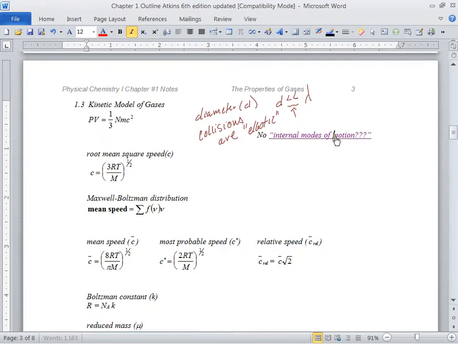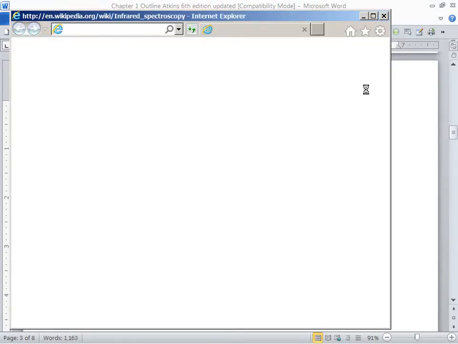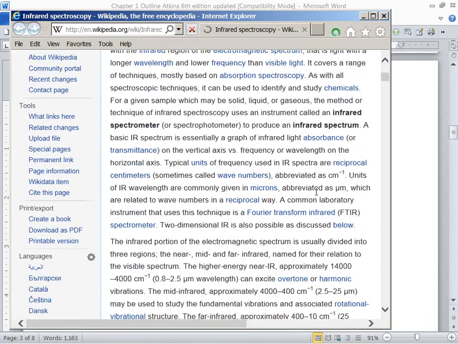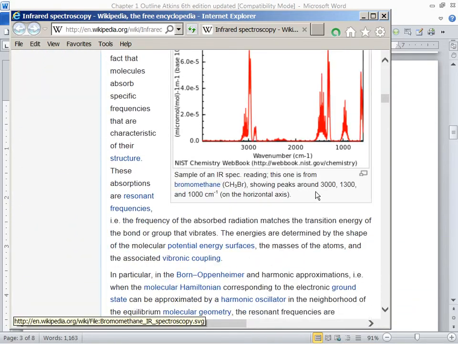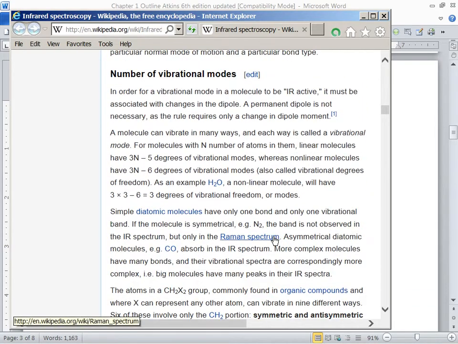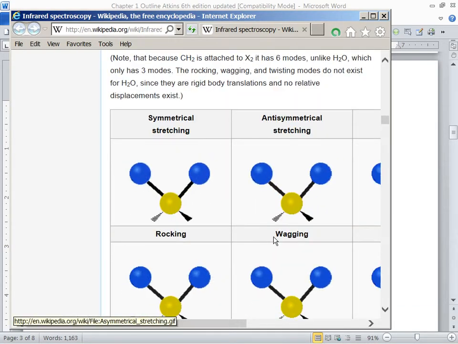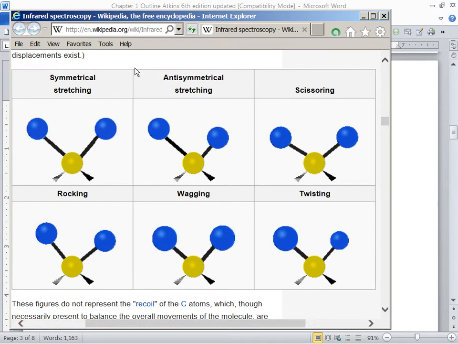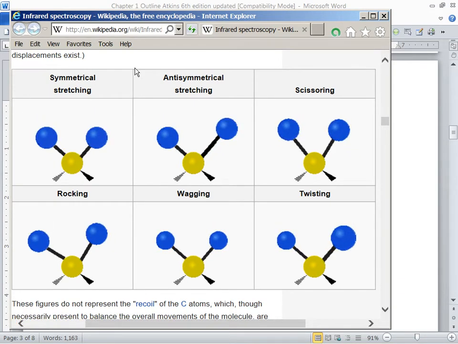That includes rotation, but also includes this. And we haven't talked about infrared spectroscopy yet, but here's an example of an infrared spectrum. We'll get into that. That's really PChem 2. But here's internal modes of motion, right?